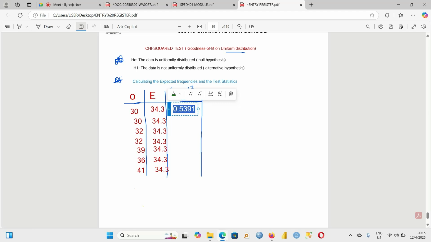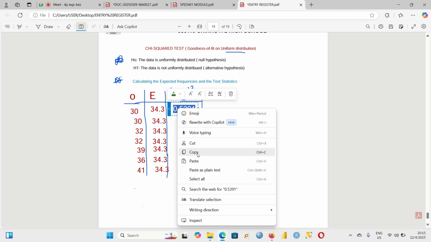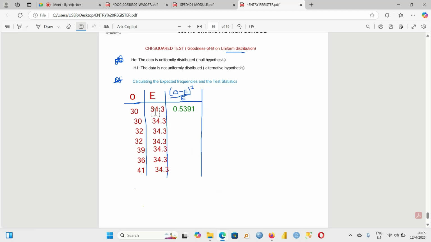This value is the same as the bottom one, because my values are the same. So there's no way we can recalculate it, just paste. Same applies, the value here will be the same. Let's calculate 32 minus 34.3, then I square the answer, then I divide it by 34.3.